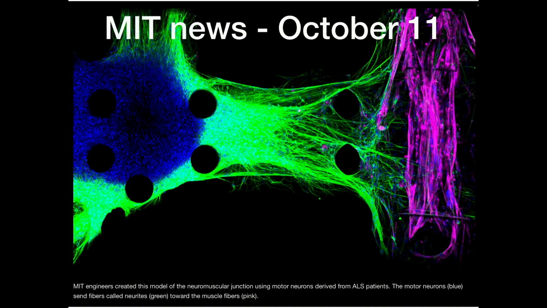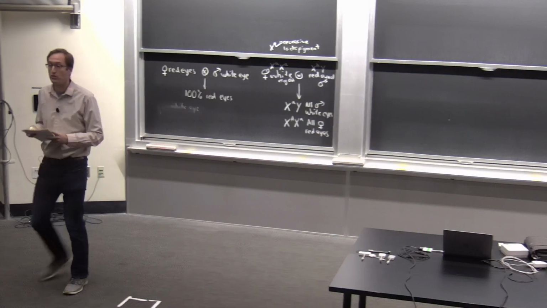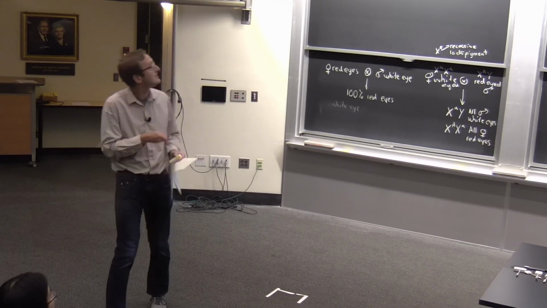And so last night I started reading about ALS and was pleased to find that there's actually a very rare X-linked dominant form of the disease that can be passed on from generation to generation. And the inheritance pattern of this X-linked dominant version of ALS would be similar to what we observe for the white mutant in the fruit fly, right?